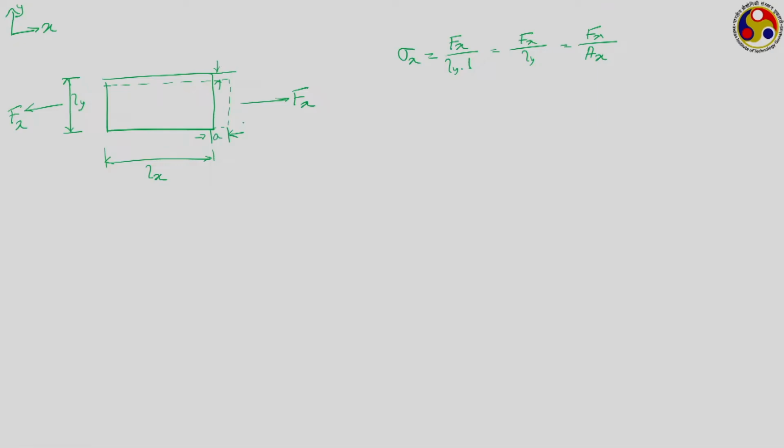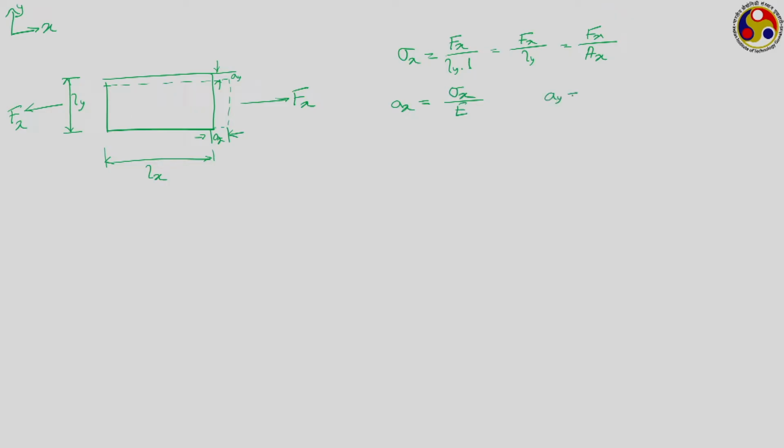Now, how much will be the increase in length? Let us say this is small a x in the x direction, and this is small a y in the y direction, referring to the change in length because of the force acting in the x direction. Now, how much will be a x? Once we know the value of the stress, we can write this as sigma x by E. This will be the strain in the x direction because of this force F x.